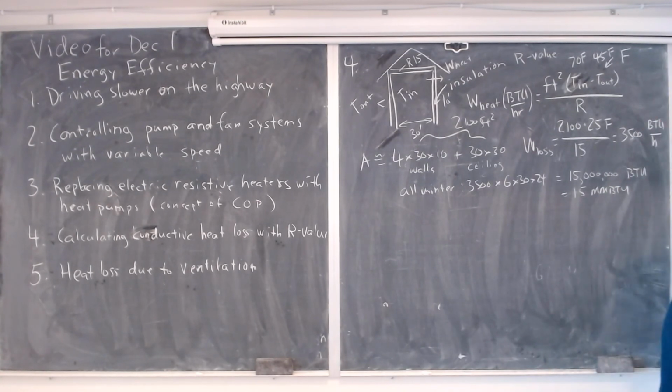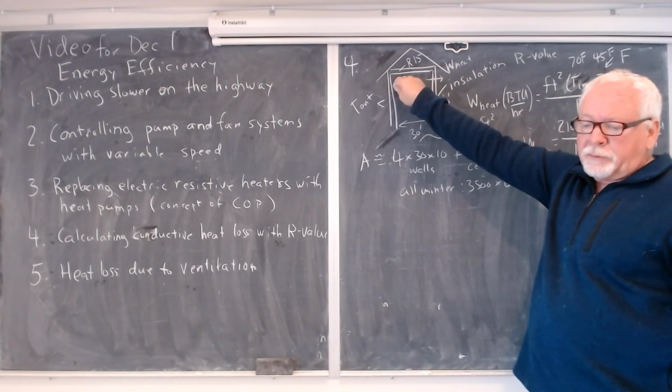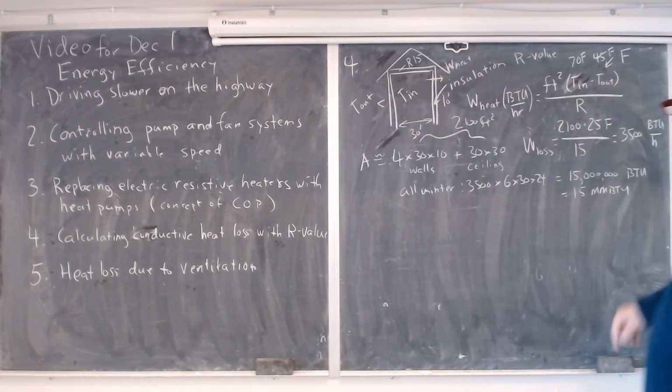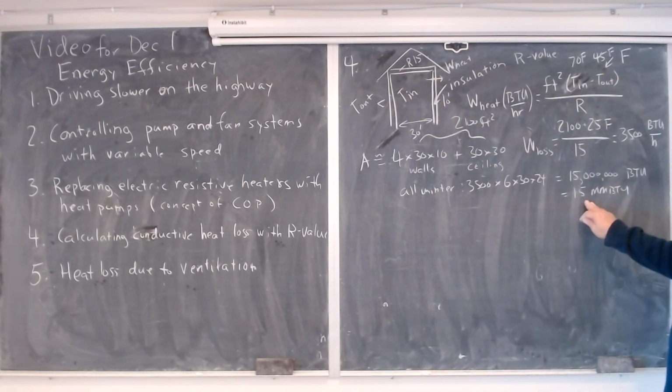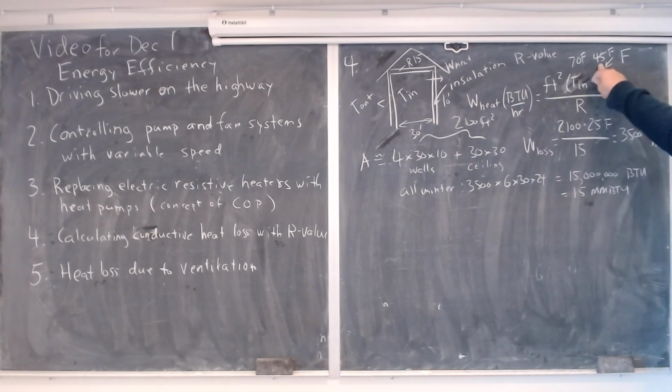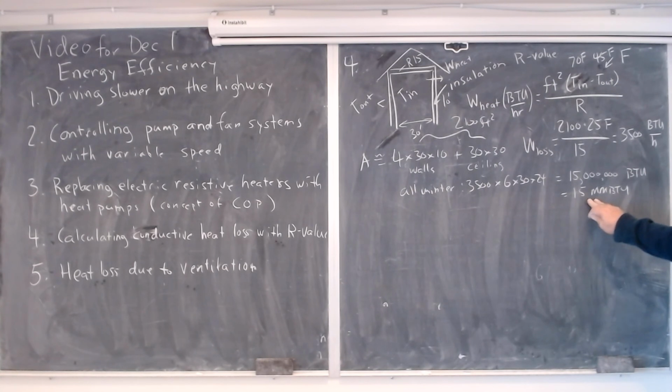So that is telling you that if you're fairly well insulated with R15, your heat loss during a winter, where the average outside temperature is 45 degrees, is 15 million BTU or 15 MMBTU.